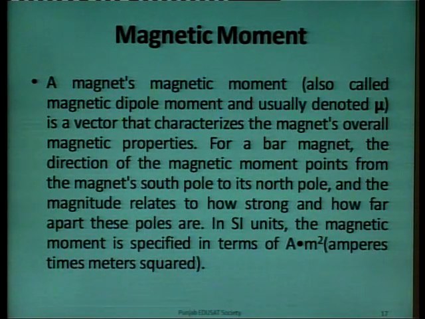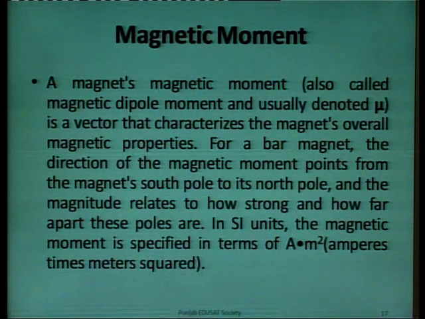For a bar magnet, the direction of the magnetic moment points from the magnet's south pole to its north pole, and the magnitude relates to how strong and how far apart these poles are.